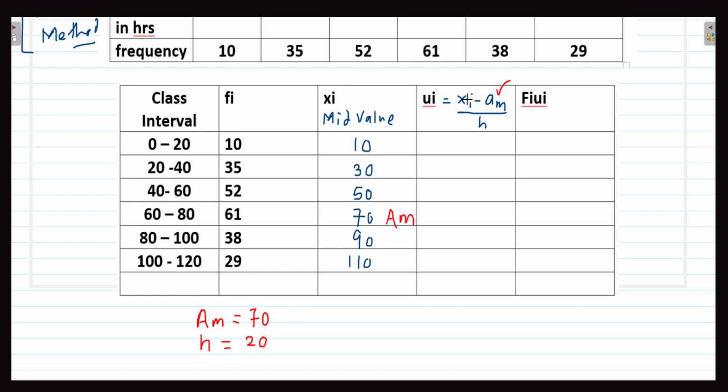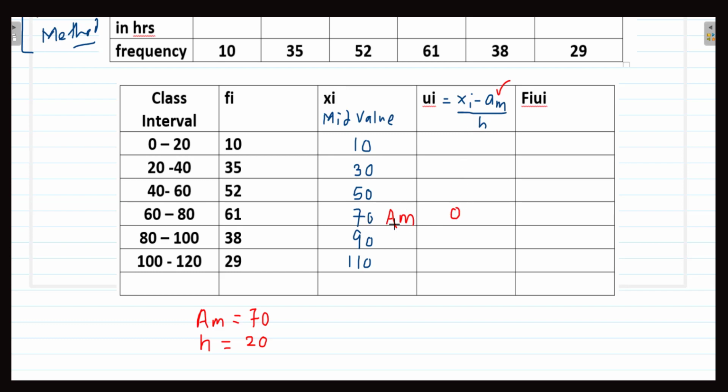Now here, if you put the values of xi, suppose you have to find ui, then what will you do? Xi is 70, assumed mean is 70, so 70 minus 70 will be 0. But there is no need to do this simplification. You will not have to solve this. Every time it will be like that.